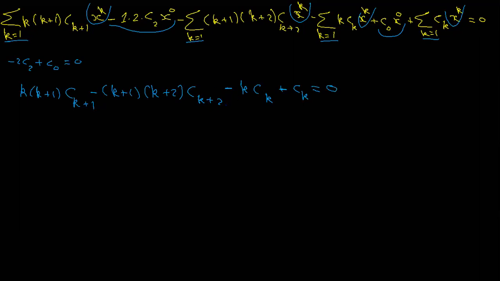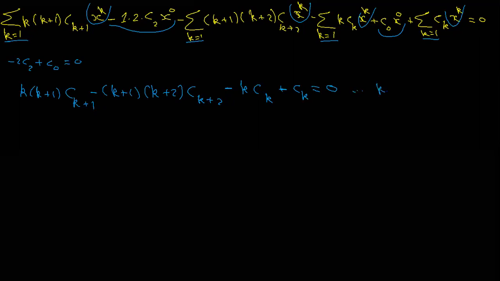Did you get the idea now? The coefficients of x to the k equal 0 and the constant equals 0. This is for k equal 1, 2, 3, and so on. Now from this, you can say that C2 is half C0.